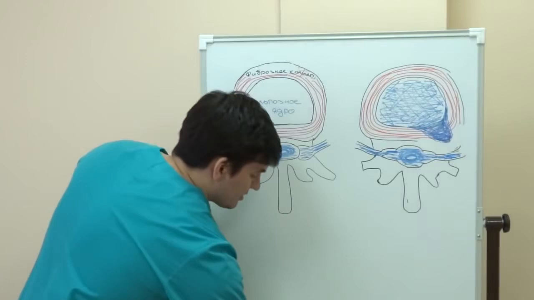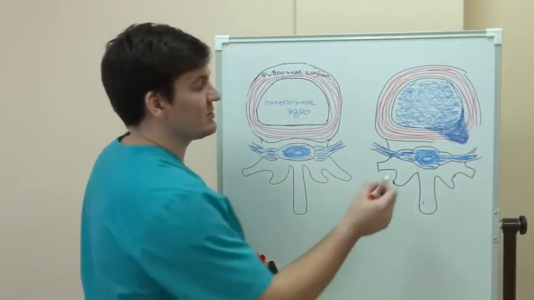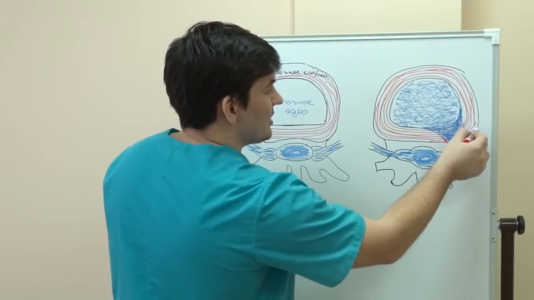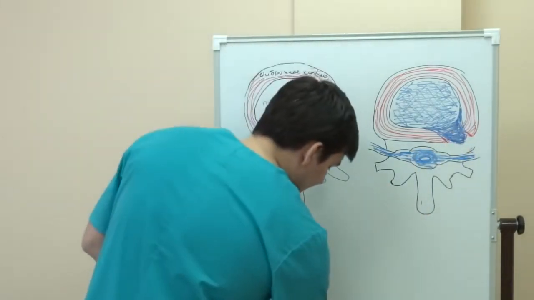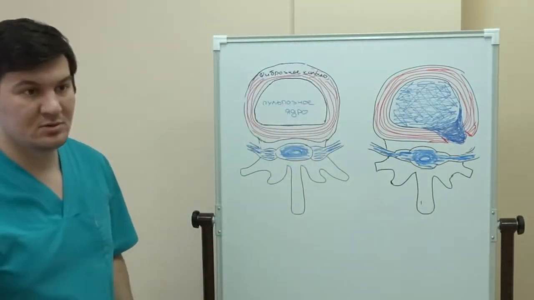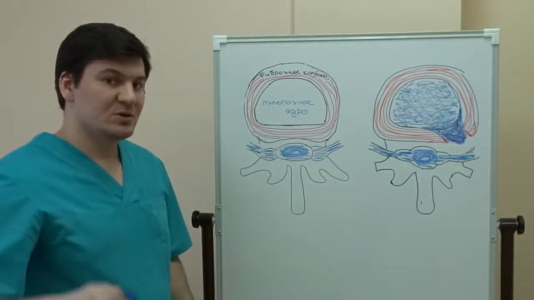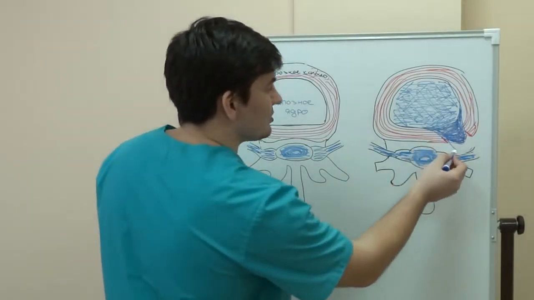That is, its fibers tear or there is a delamination of the fibrous ring. Here a defect in the fibrous ring occurs, and this pulposus nucleus starts to come out under pressure, which is quite strong.